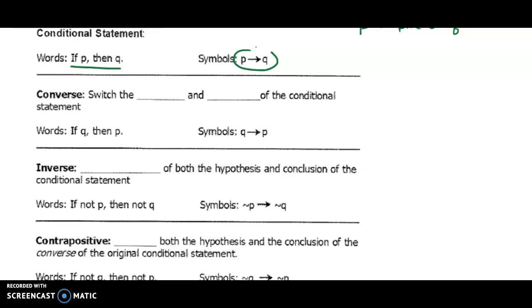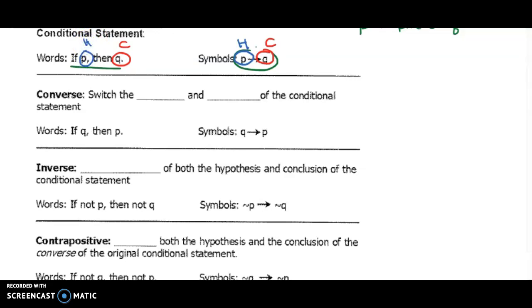Now, if we're going to identify the hypothesis and the conclusion, here's my hypothesis. Remember, hypothesis always comes first. Here's my conclusion. Same thing over here. My Q is my conclusion. My P is my hypothesis.